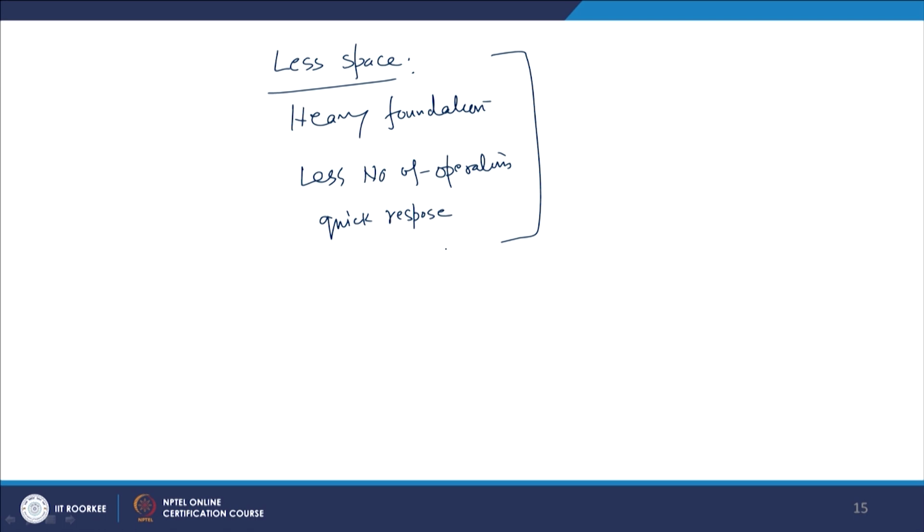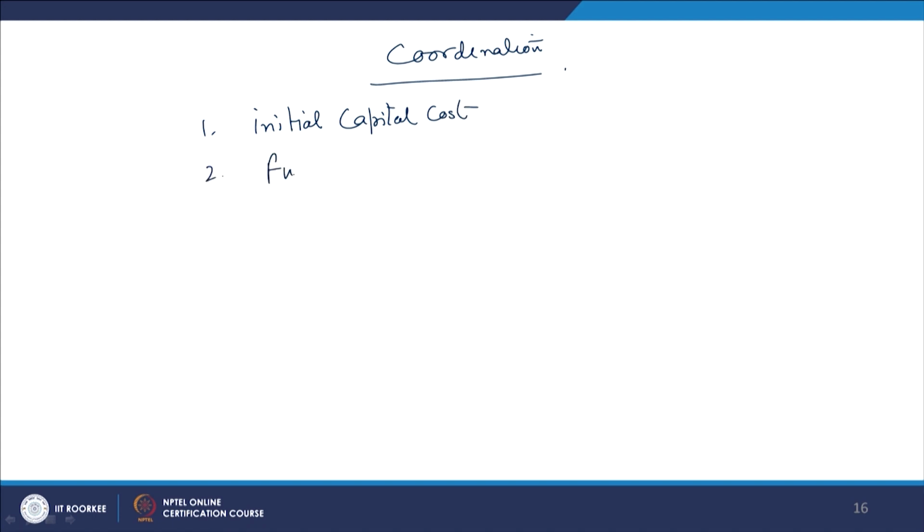So, if you want to look at the coordination between different plants, first of all, the points to be taken into consideration are initial capital cost, second, fuel cost, third, operation and maintenance cost, fourth, fuel availability.